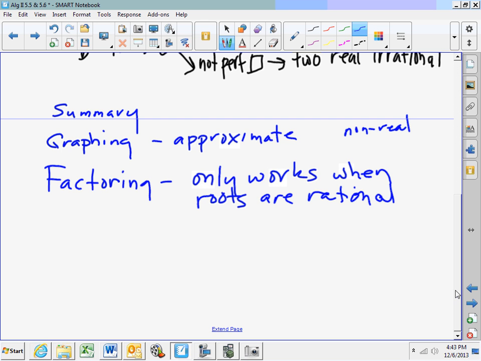Then we had the square root principle, and that was kind of a little niche method when you had the binomial squared and x was just inside that binomial.